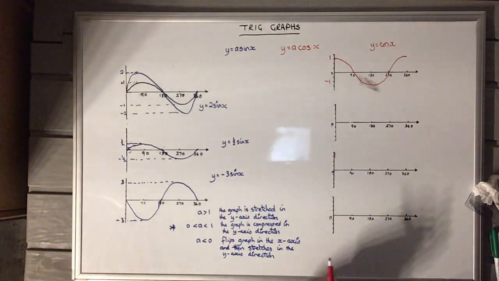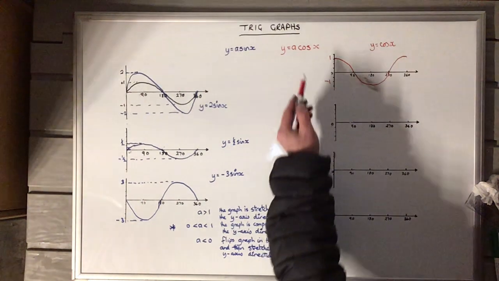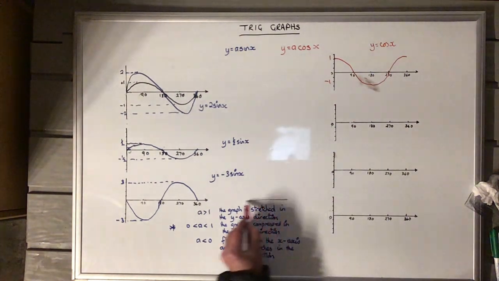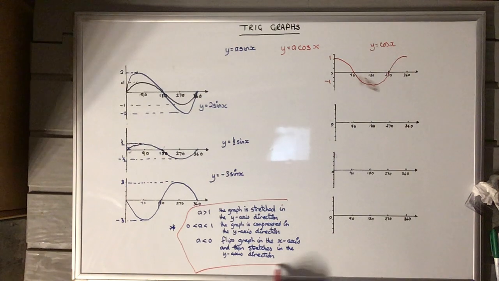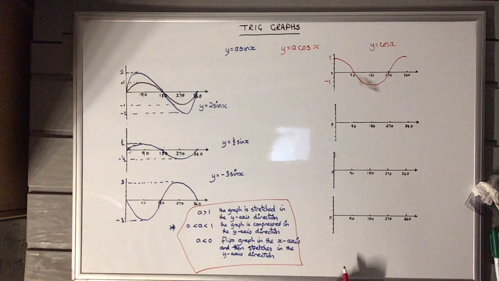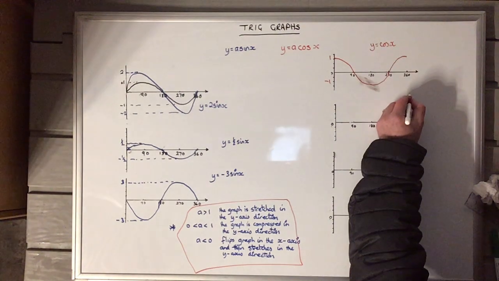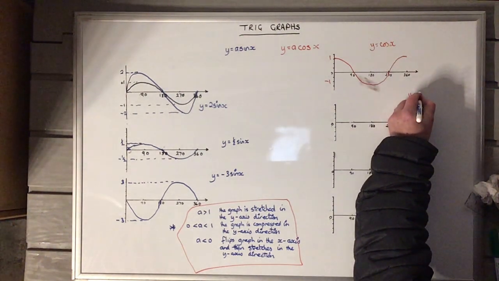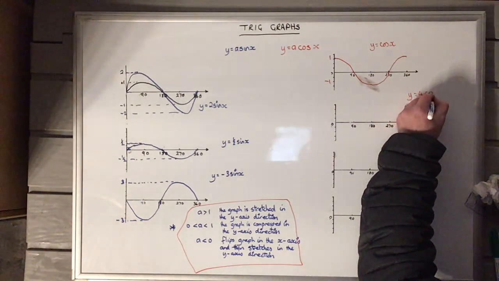Now let's take a couple of values for A, and we already know the rules now, so these rules here, I'll just box them. These rules apply. Okay, so let's make y equals, I don't know, we'll make it 4 cos x.